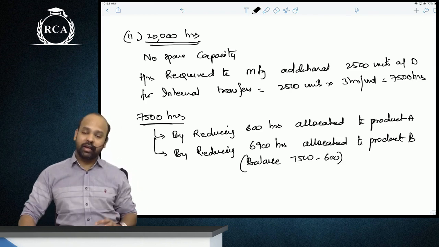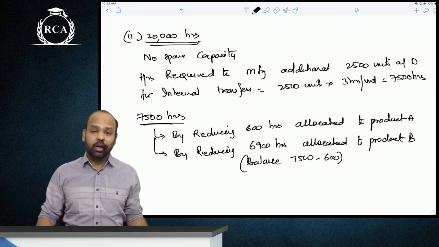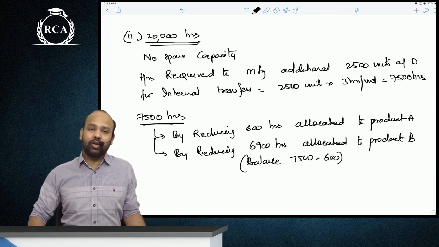Those are the balance hours that you will have to reduce, which have been allocated to product B.